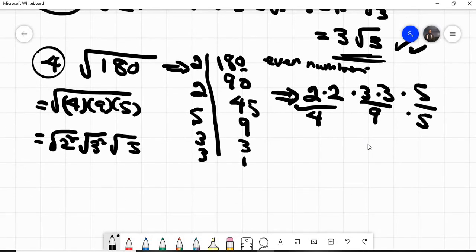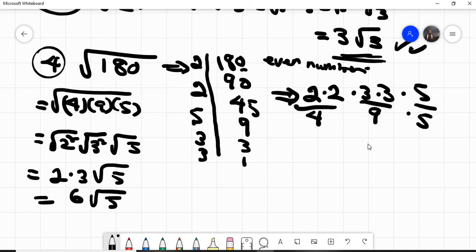The square root of 2 squared is just 2, times 3 root 5. And the final answer is 6 root 5, which is correct.